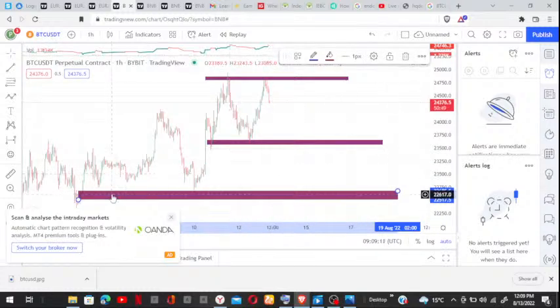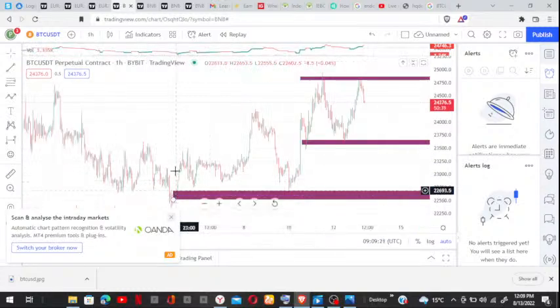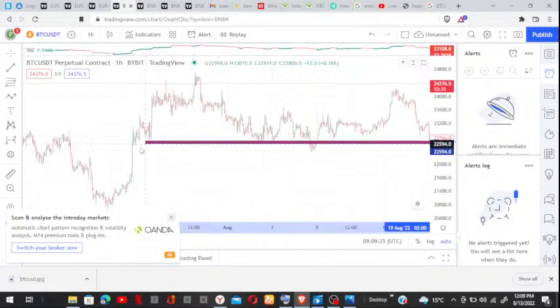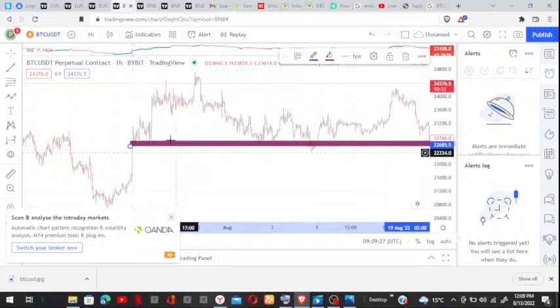The reason I have these over here is because of this part and also this part. If you put this over here and you go back, you'll find this level was tested not just once. This came in halfway and then it went up, so there is also support over this level here.